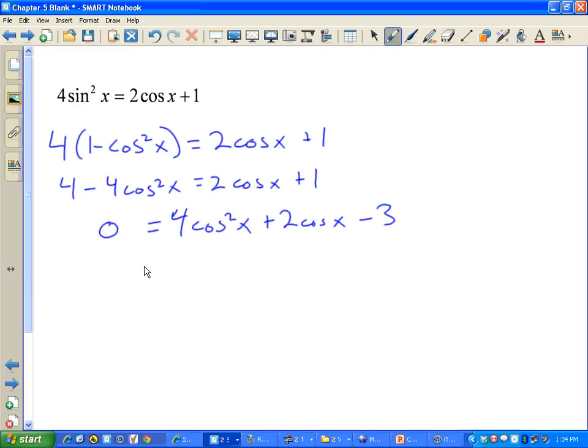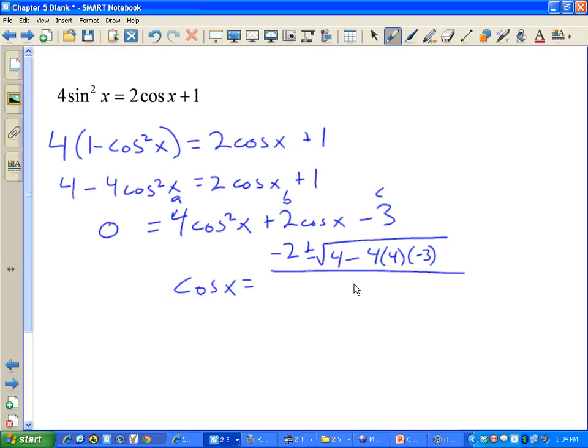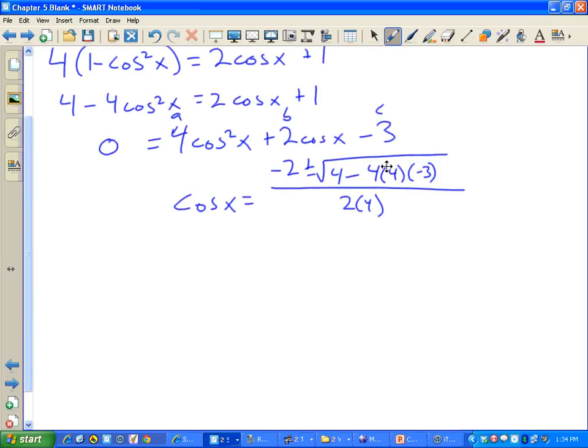Okay, so quadratic. So this is what cosine x will be. Negative b, so negative 2. Remember, this is a, b, c. Plus or minus the square root, b squared, so 4, minus 4 times a times c, divided by 2a. So inside here, I'm going to have 4 times 4, which is 16, times 3, which is 48.